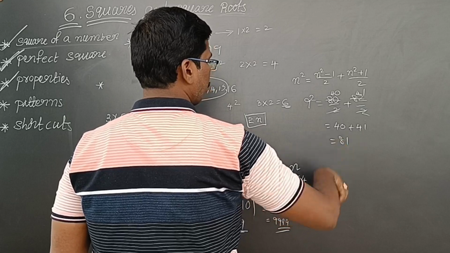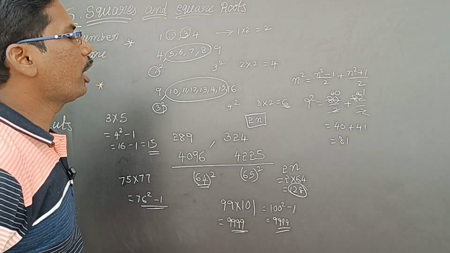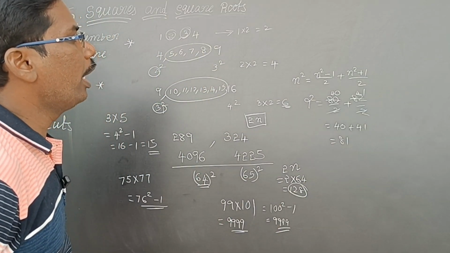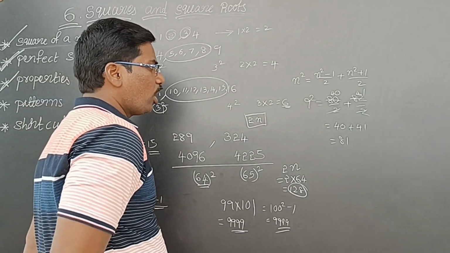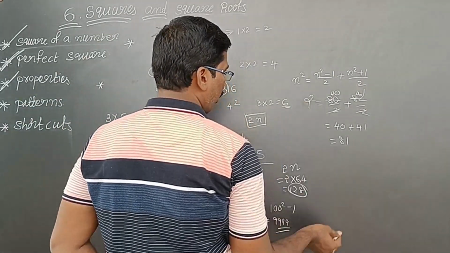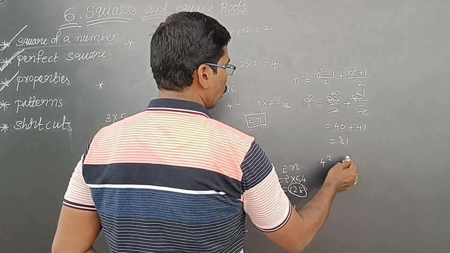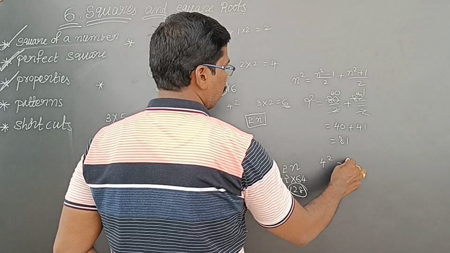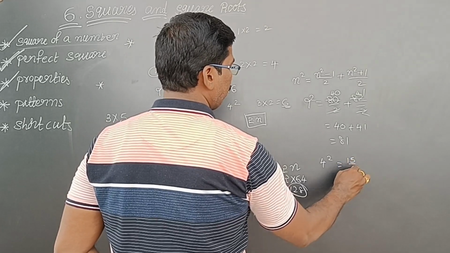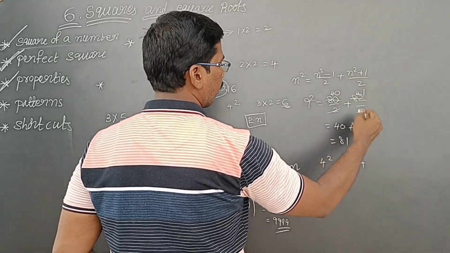That is 81. So any square number can be written as n square minus 1 by 2 plus n square plus 1 by 2. This was an odd number. Let us suppose we take an even number, for example 4 square. 4 square is 16. 16 minus 1 is 15 by 2, and 16 plus 1 is 17 by 2.